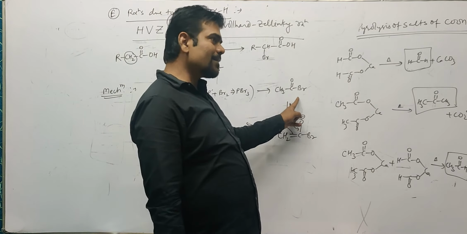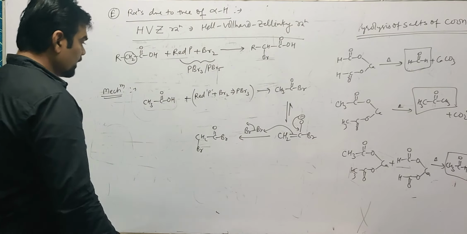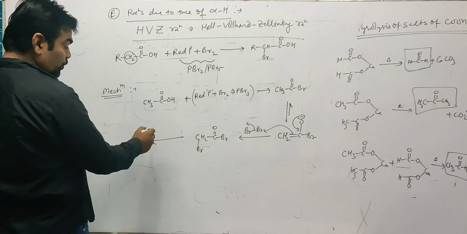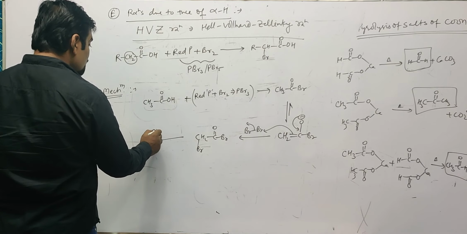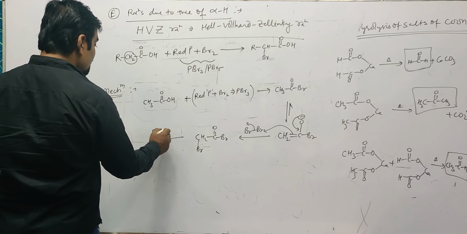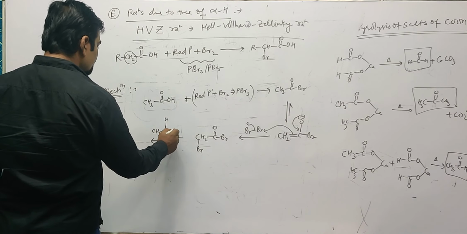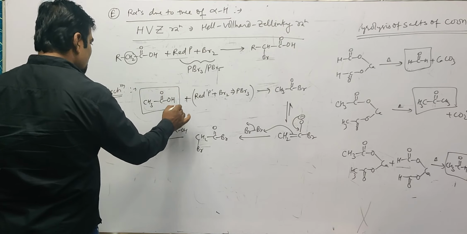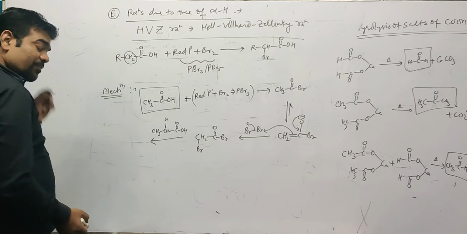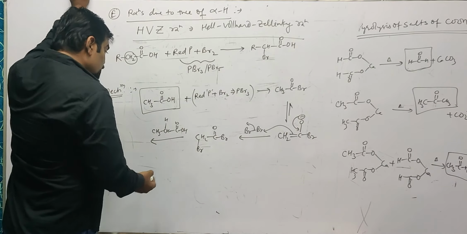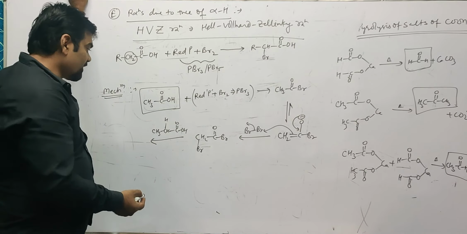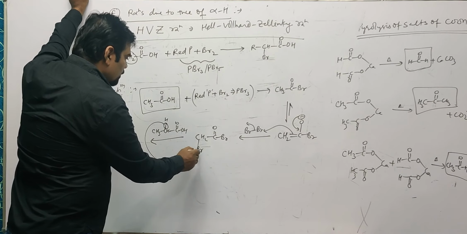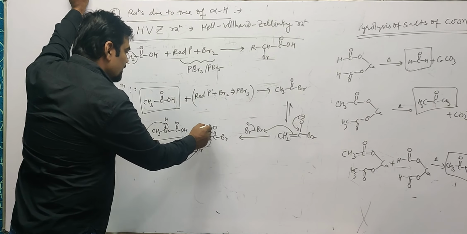That acyl halide gets halogenated at its alpha position, and now another equivalent of the same or a different acid is used. Let's say we use another acid, CH3CH2 C double bond OH. Earlier we used acetic acid, and during the reaction mixture itself, in the next step we use propionic acid. From this propionic acid, the negative charge approaches the bromine, the bond is transferred, and this returns back.